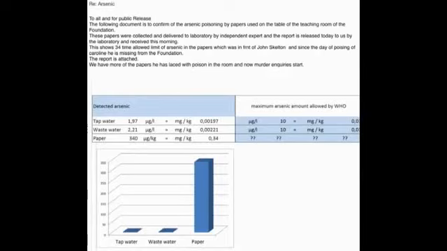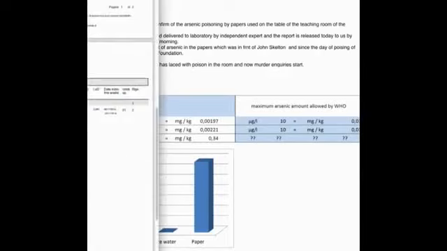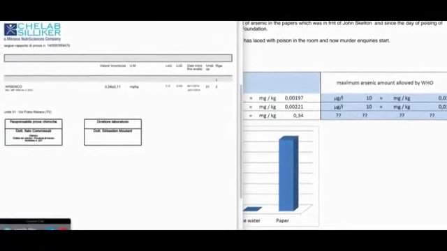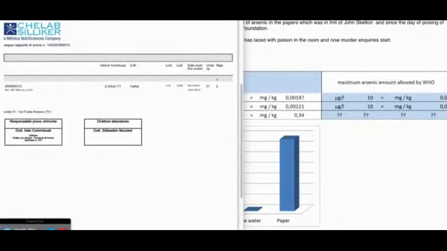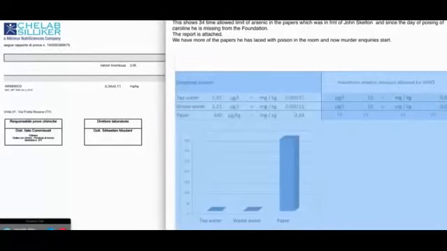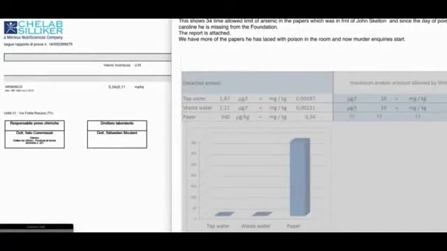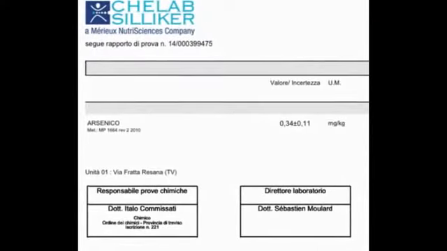So unfortunately now we have 100% proof, 34 times more arsenic than the maximum legal limit allows. And strangely enough, these papers were, as I mentioned before, at the position where Mr. John Skelton was sitting. So we leave it, there is no accusation, there is no point.